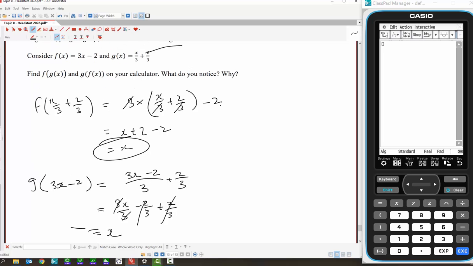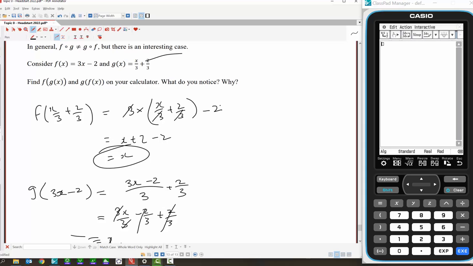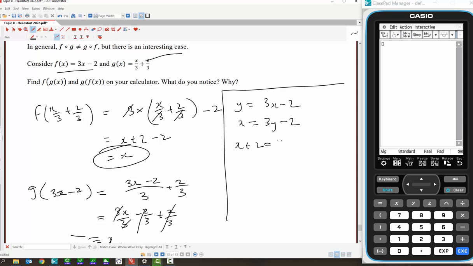Now, why is this the case? Well, whenever this happens, you've got to know that these are inverses of each other. So I'm going to quickly invert that. y = 3x − 2, x = 3y − 2, x + 2 = 3y, y = x/3 + 2/3. So you can see the inverse of this is this.